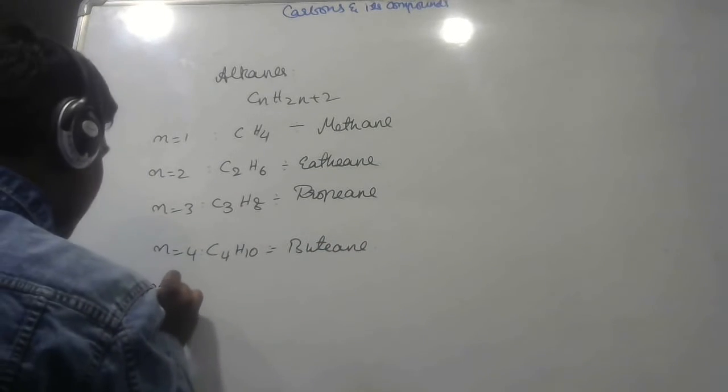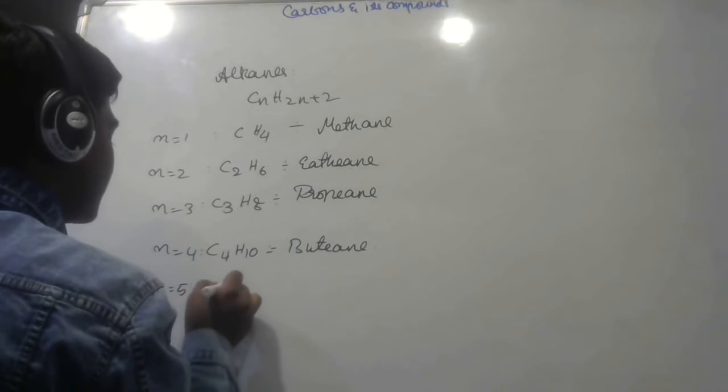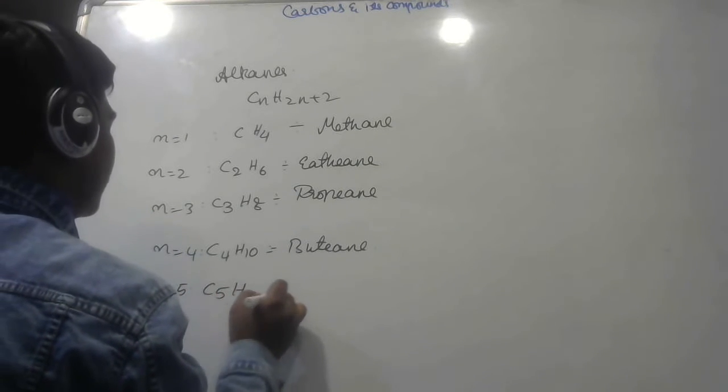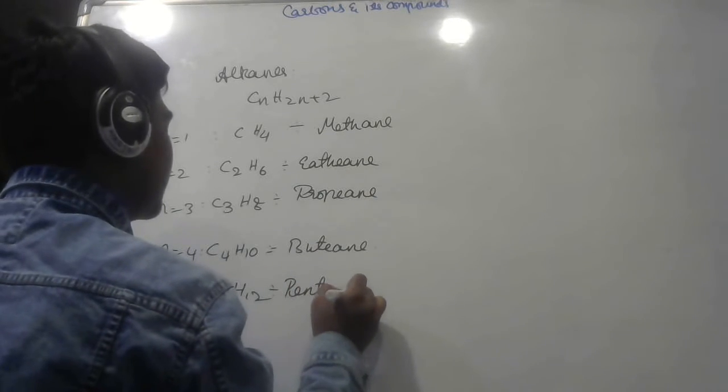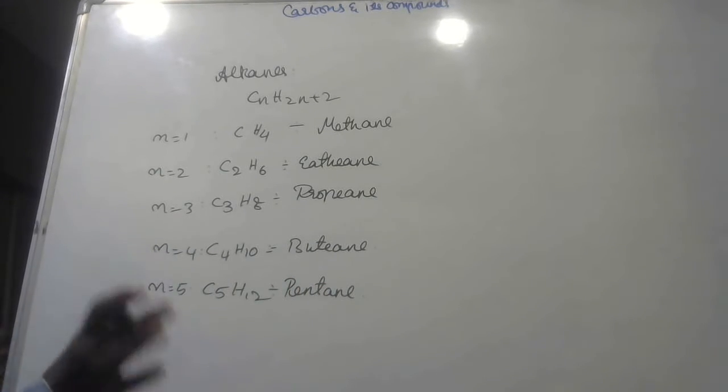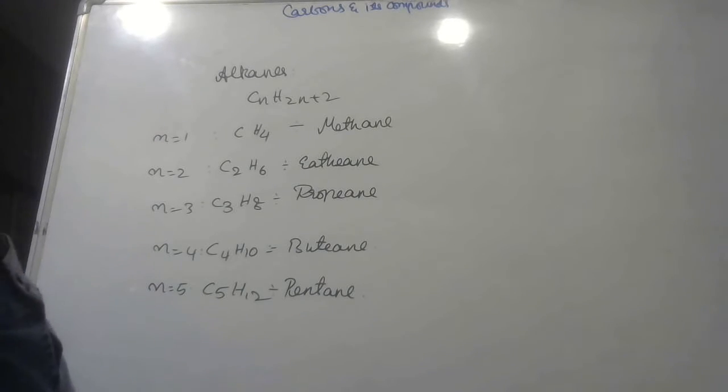And then n equals 5: C5H12, and the name would be pentane, and then it would be hexane, heptane, and it would continue like that.